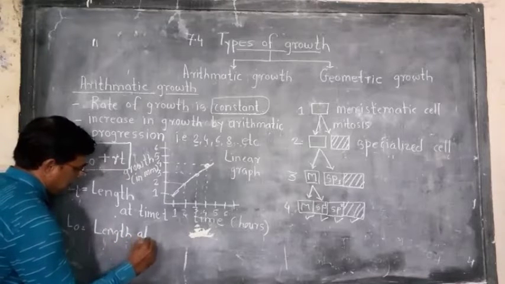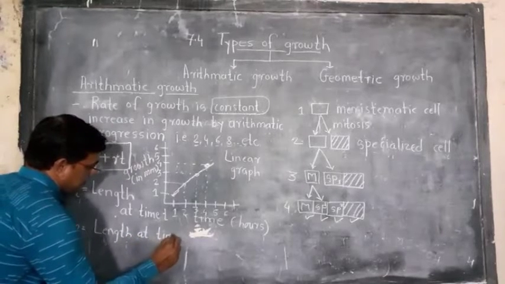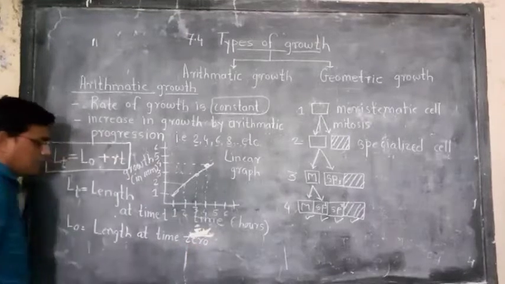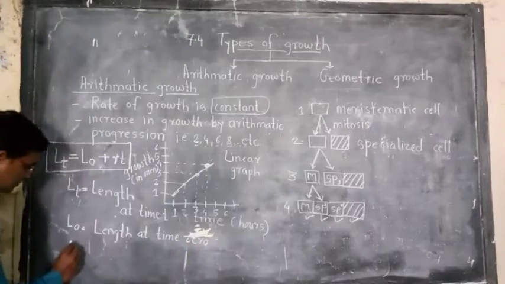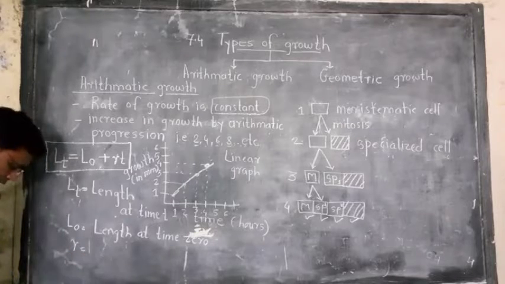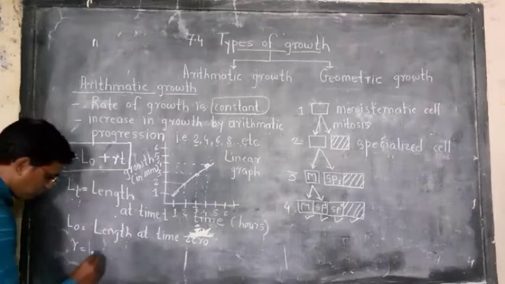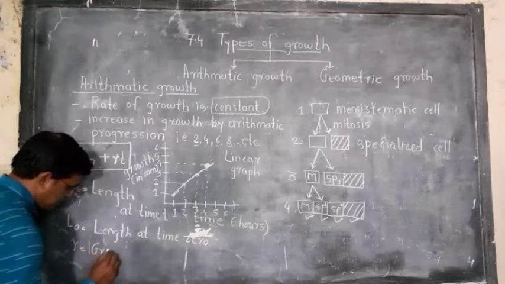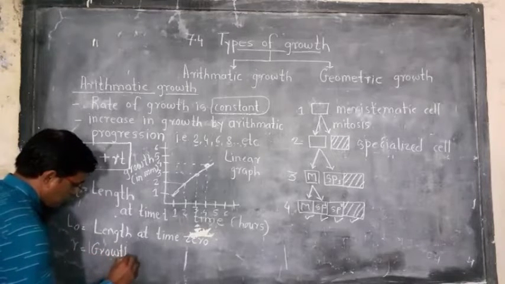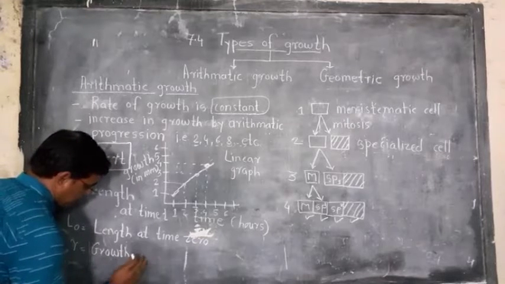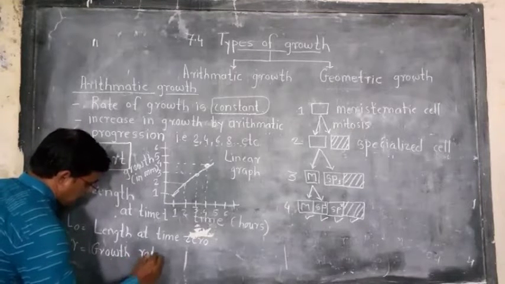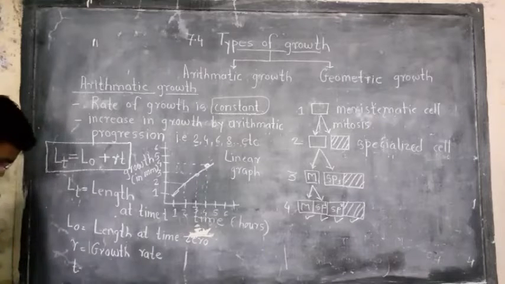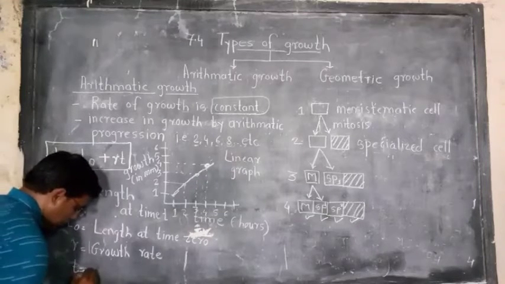R is the rate of growth, the growth rate, and T is the time of growth.